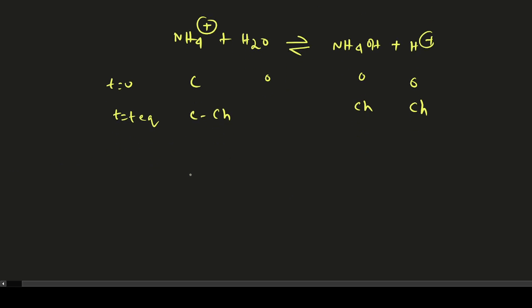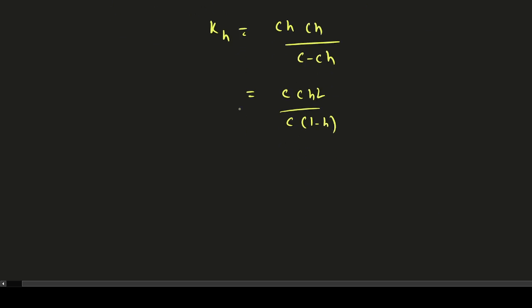So if we write KH, then that is going to give CH times CH over C minus CH. Okay, so if you write this, then CH square over C into 1 minus H, then this will cancel. So KH equals CH square, because 1 minus H is nearly equal to 1.